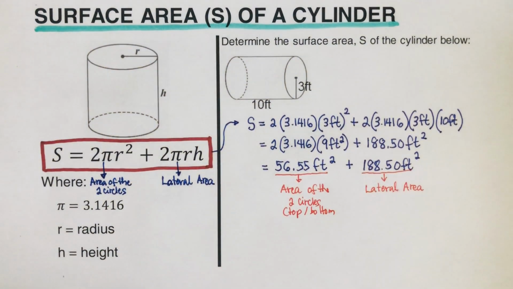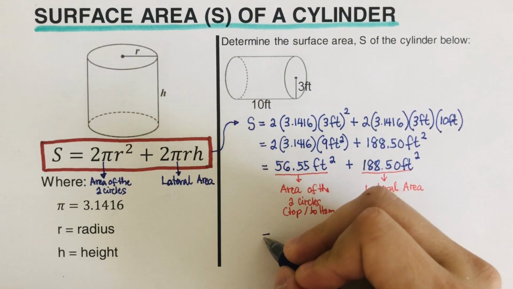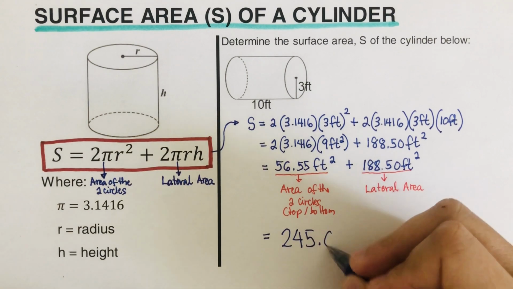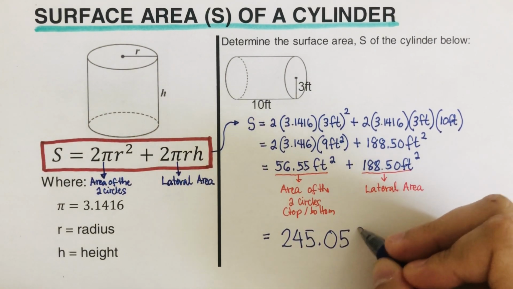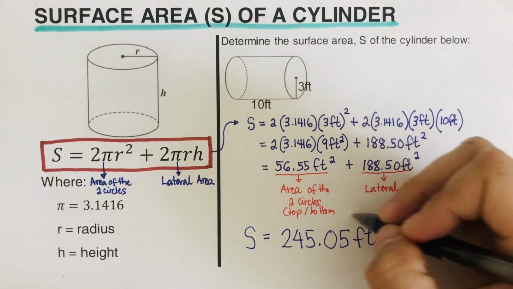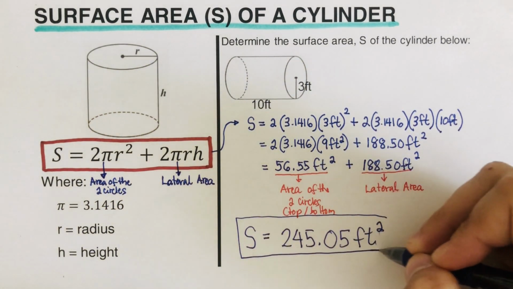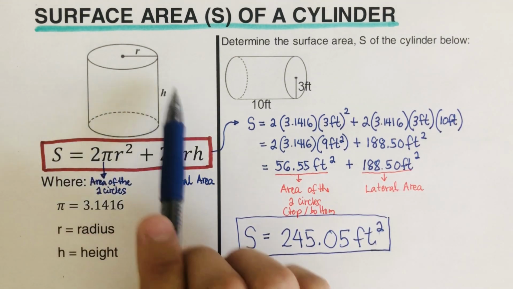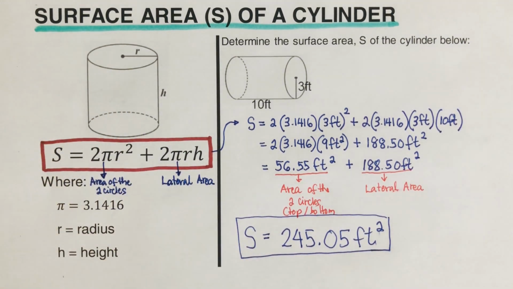Now, if we add all these together, that would come out 245.05 feet squared. So this is the total surface area for this cylinder. Total because it includes the area of the two circles, the top and the bottom, and then the lateral area, that is the area that wraps around the cylinder and does not include the top and the bottom. Did you get the same answer as this?